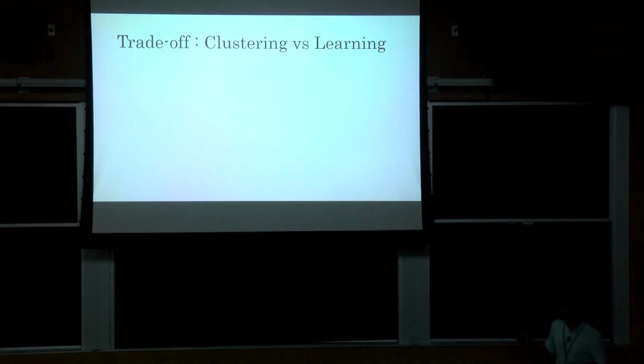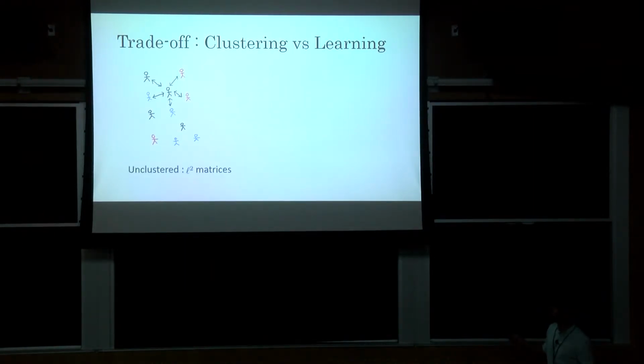But this also introduces some trade-off. For example, this was the unclustered setting, where we need to learn L squared matrices, and if we cluster the agents into K groups, we need to learn now K squared delta matrices.